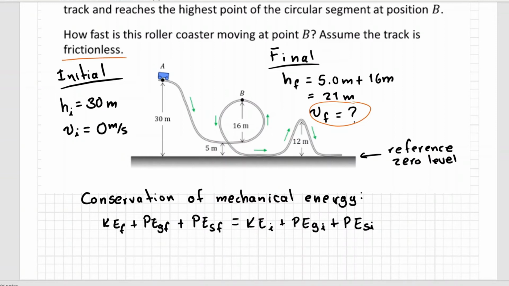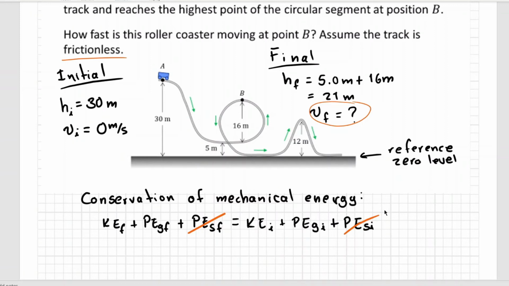Now, some of these quantities are zero or not relevant in this problem. To start, we can see that since there are no springs in this system, we can simply discard the elastic potential energies.